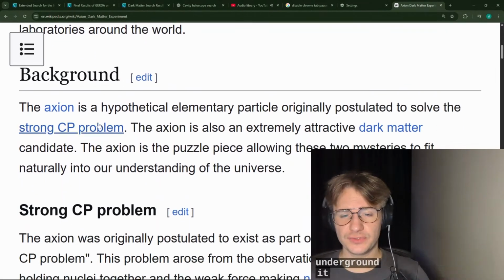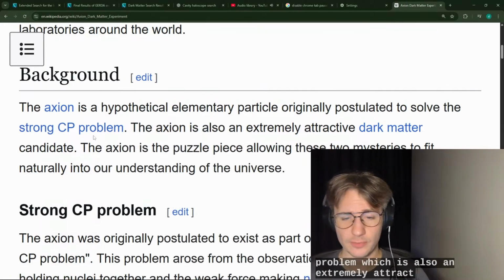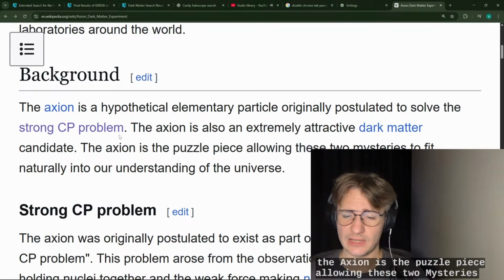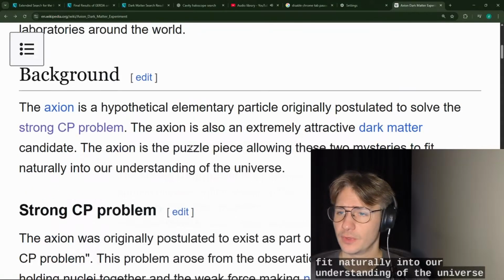It's used to solve the strong CP problem, which is also an extremely attractive dark matter candidate. The axion is the puzzle piece allowing these two mysteries to fit naturally into our understanding of the universe. Great. Okay.